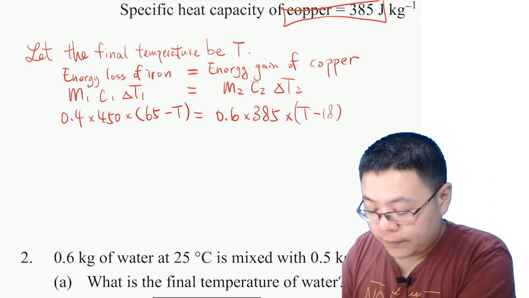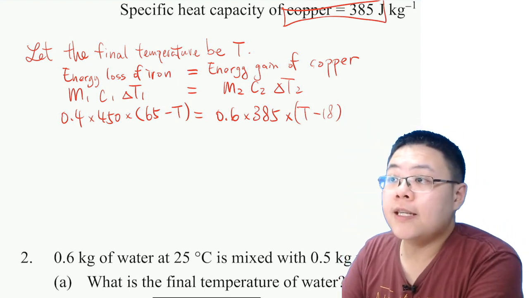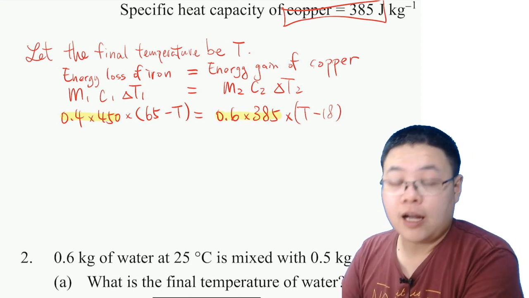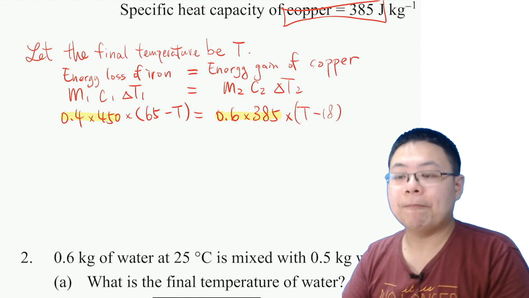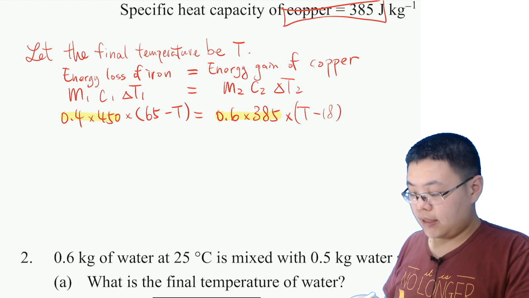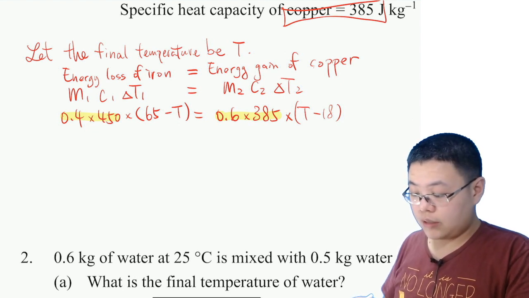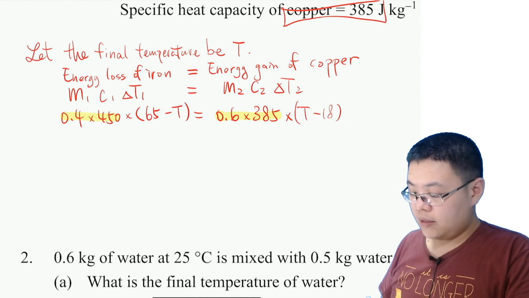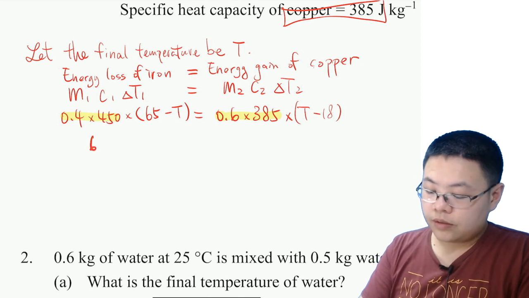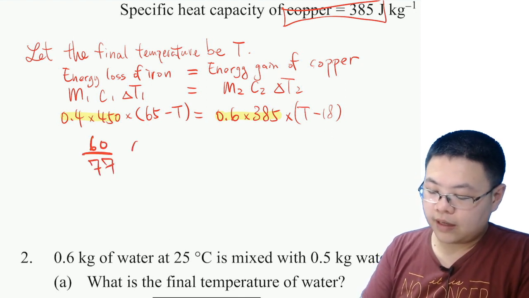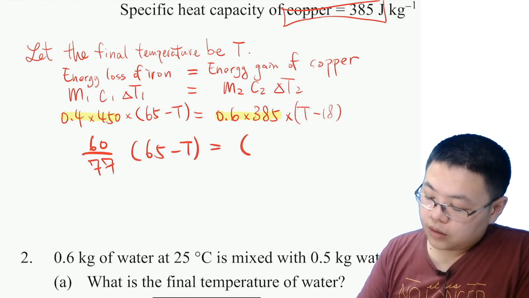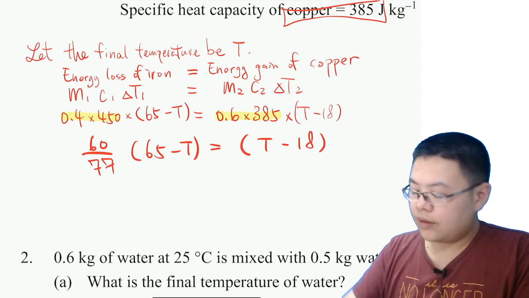Now you see many numerical values. To help yourself handle it more easily, simplify the numbers first. 0.4 times 450 divided by 0.6 divided by 385 is equal to 60 over 77. So I would like to simplify this: 65 minus T will be equal to T minus 18.